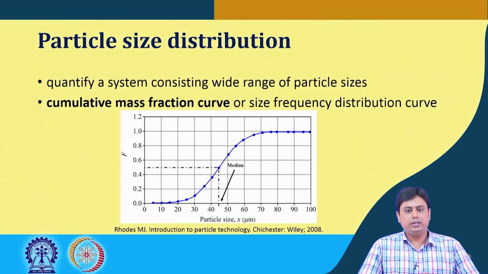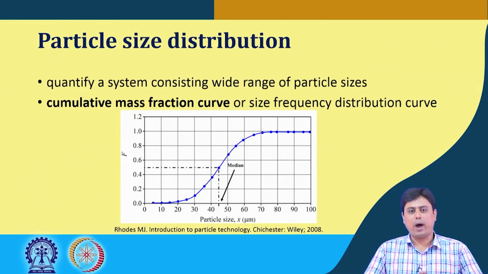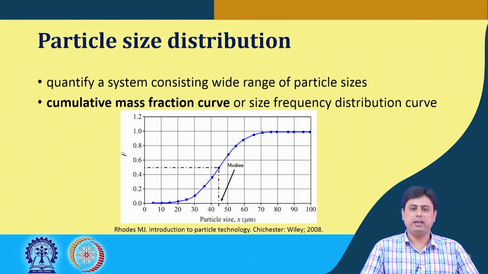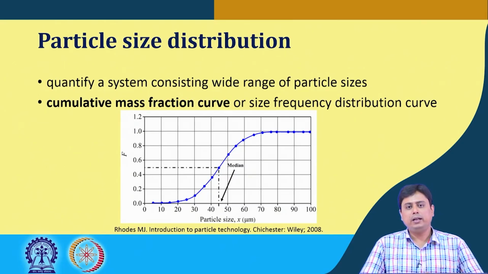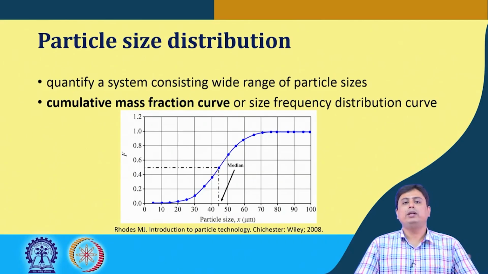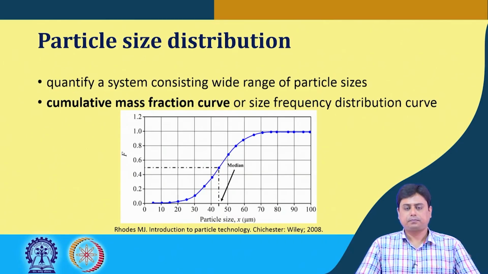So, it is essential to quantify a system that consists of a wide range of particle sizes by a single number, so that people can understand that we are dealing with this sample, and it can vary from sample to sample.